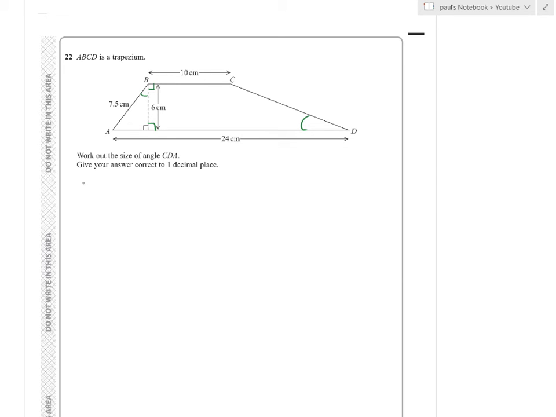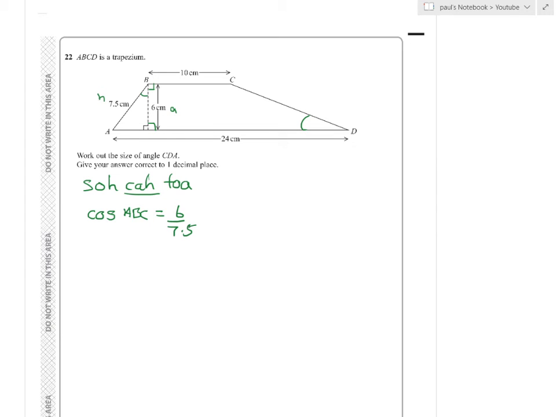Let's use SOHCAHTOA. Right, so this one is hypotenuse and adjacent, so cos. Cos ABC, I'm going to call it, equals adjacent 6 divided by 7.5.